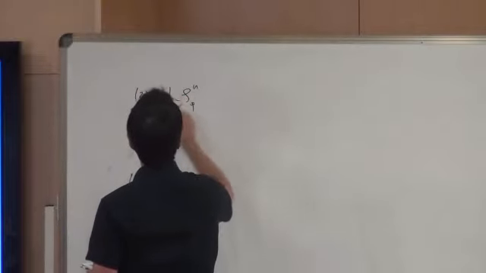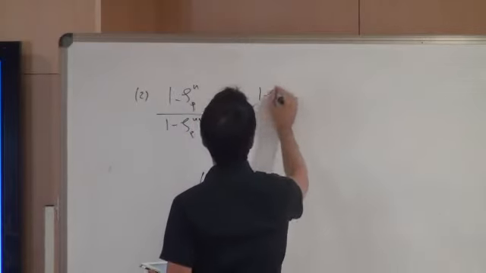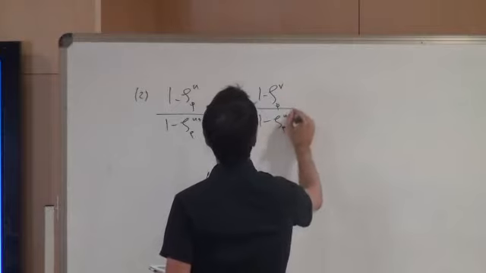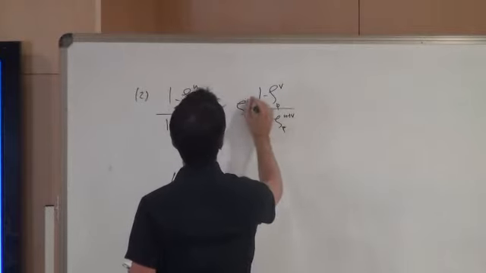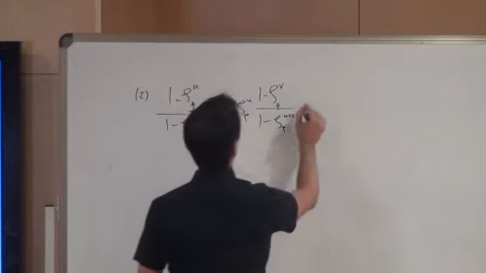So that was example 1. Example 2: 1 minus zeta P to the u over 1 minus zeta P to the u plus v. Now I take 1 minus zeta P to the v over 1 minus zeta P to the u plus v. And now if I put zeta P to the u here, and I put plus, then I'll get 1.